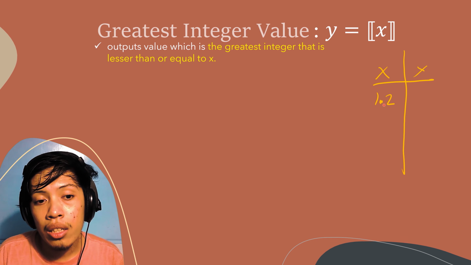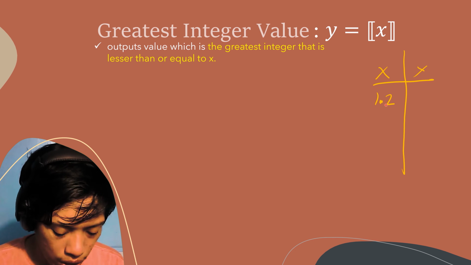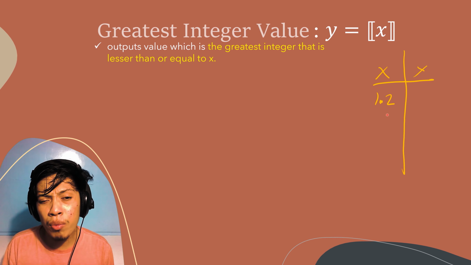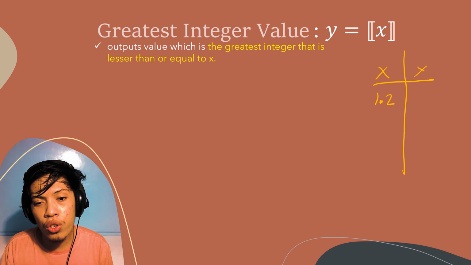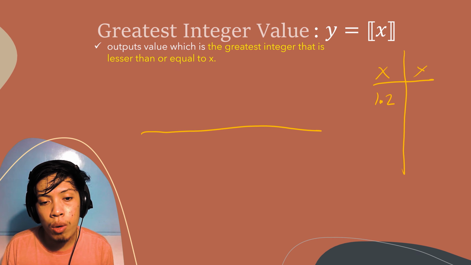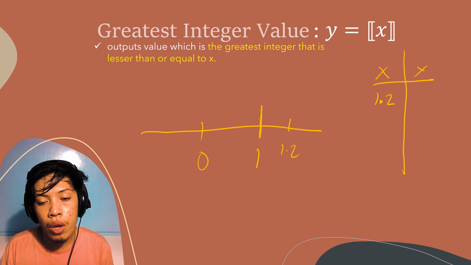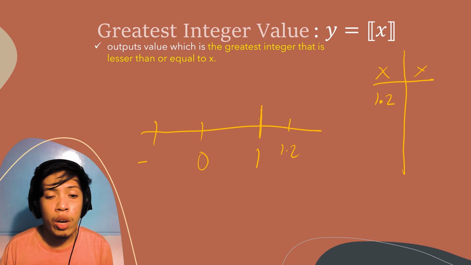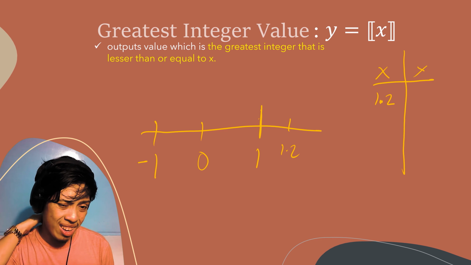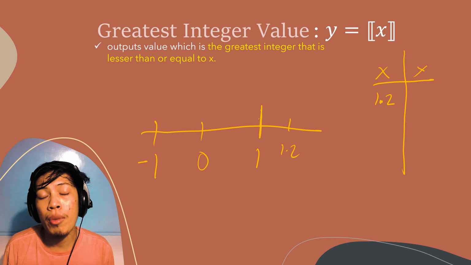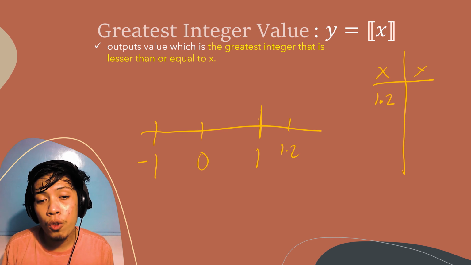Okay, wait. For 1.2, if we draw the line, if this is 1.2, then this is probably 1, and this is 0, and we have here negative 1. So for 1.2, there are many integers that are lower than 1.2.